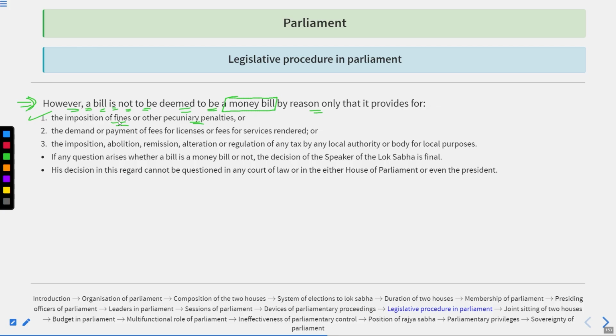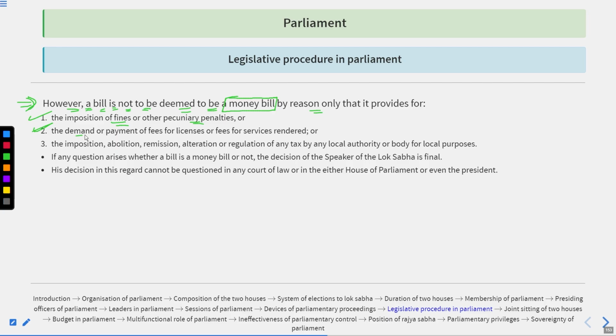Fines and penalties are only applicable when there is a violation of law. But if people are not violating the laws, could the government even collect fines and penalties? No. Whereas taxes are perennial in nature; they are collected by the government on a regular basis.